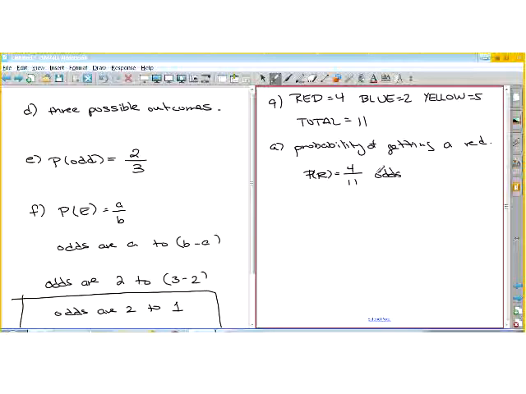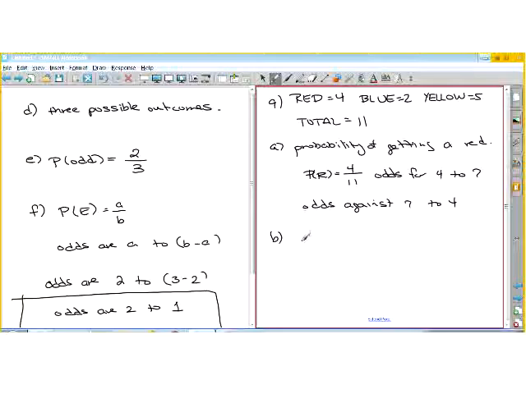The odds are going to be 4 to 7, because 11 minus 4 is 7. So the odds against is going to be 7 to 4.